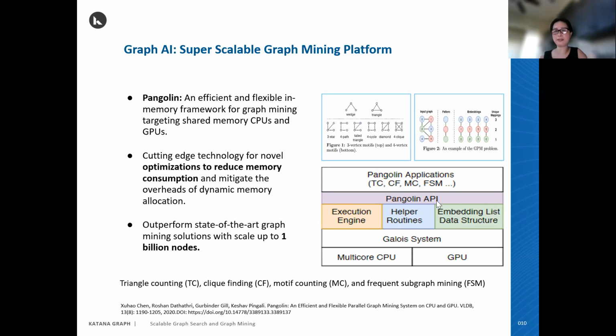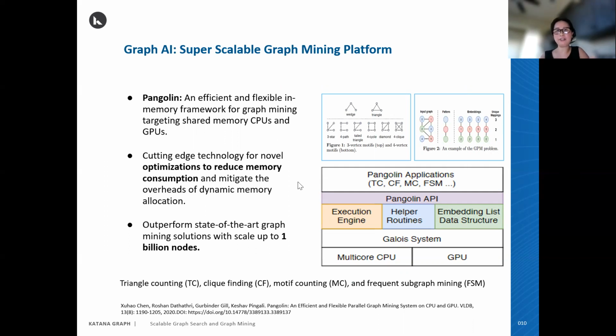Using the Pangolin API, you can do very common or complex graph searches, such as triangle counting, clique finding, motif counting. For instance, figure 1 shows the 3-motif counting and frequent subgraph mining. In figure 3, you can see an example of graph pattern mining.